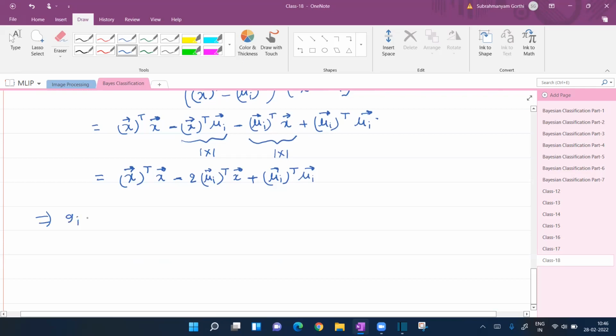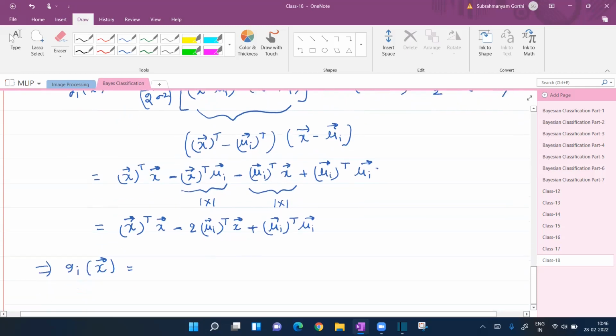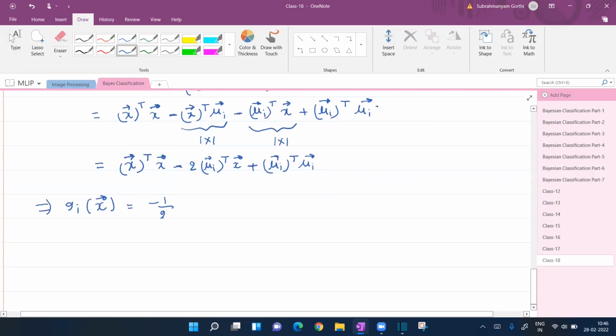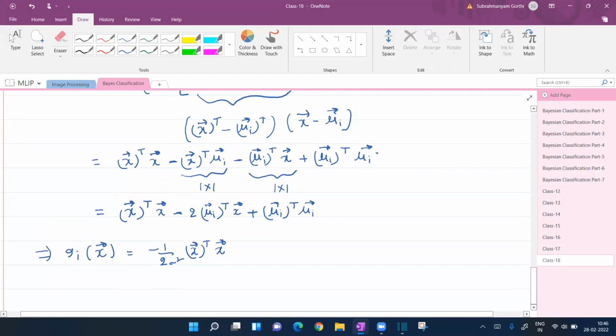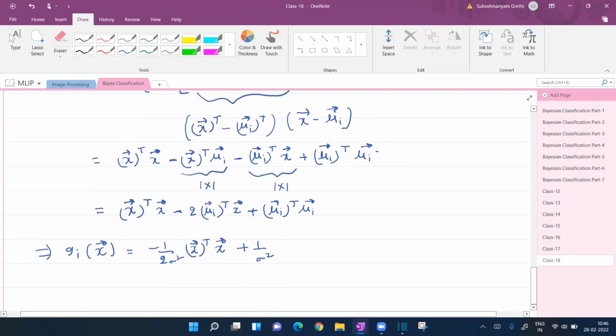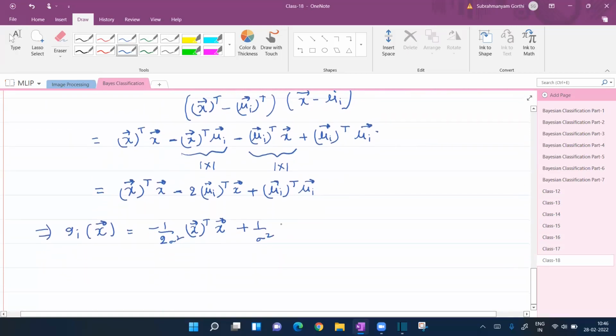Substitute it there. Gi of x bar is equal to minus 1 by 2 sigma square into x bar whole transpose into x bar. Okay. Then plus 1 by sigma square, because this 2 and 2 get cancelled, minus and minus will become plus, into mu I bar whole transpose into x bar. Okay.